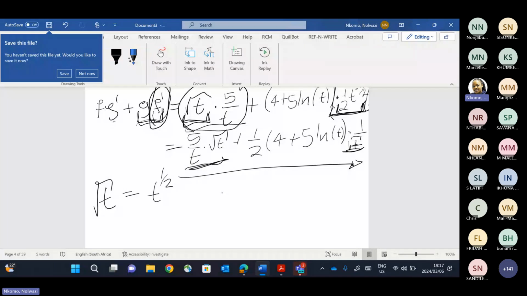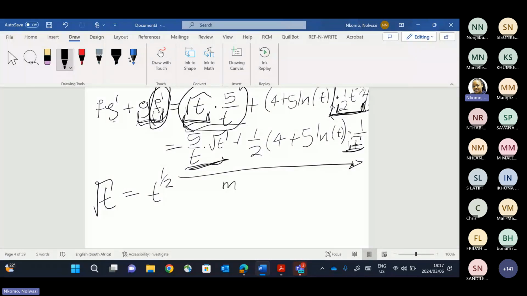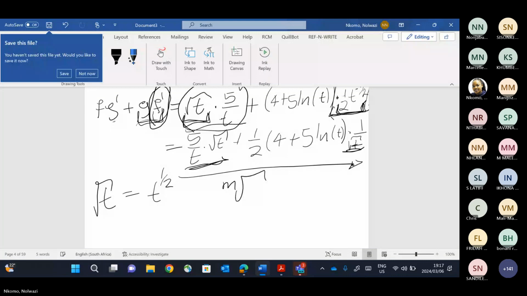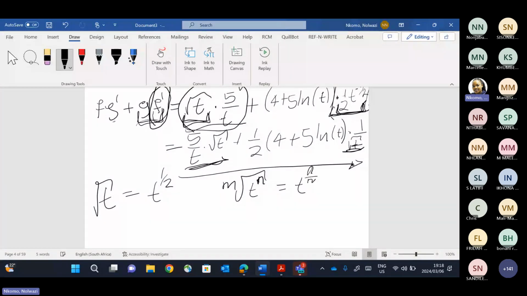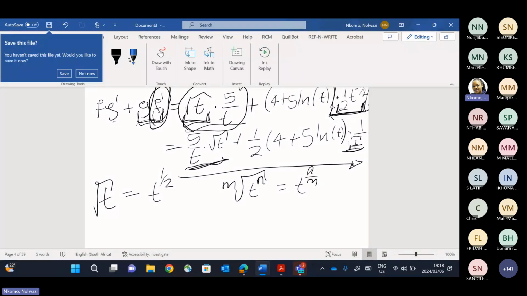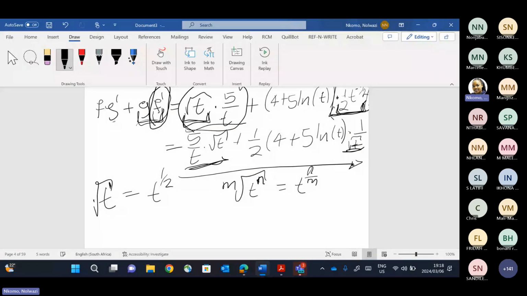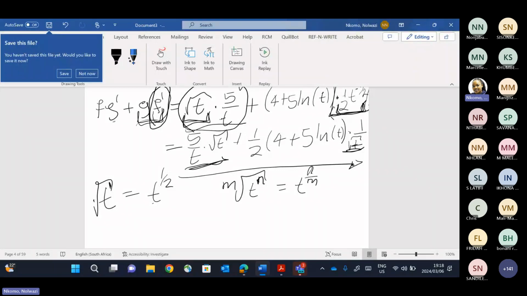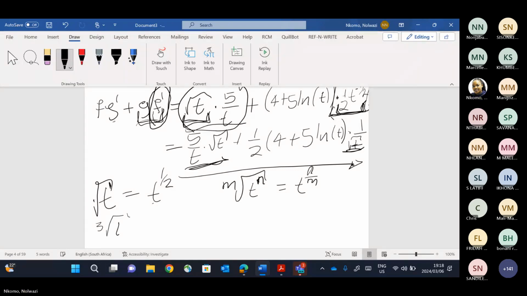Cube root of t to the power n is the same thing as t to the power n over m, right? If there is no number here and here, you assume here you have 1 and here you have 2, right? That's why we have t to the power 1 over 2. If you have something like cube root of t, you assume here you have 1. So this is the same thing as t to the power 1 over 3, right?